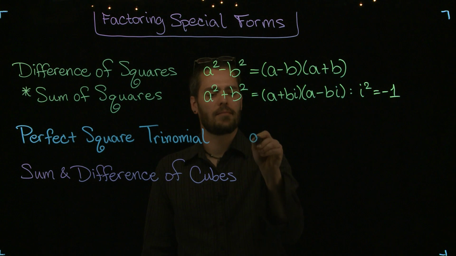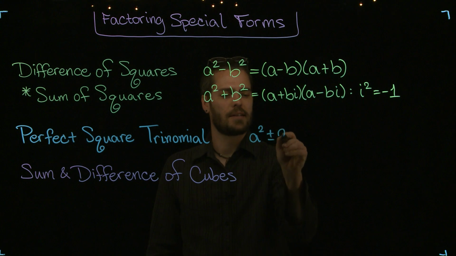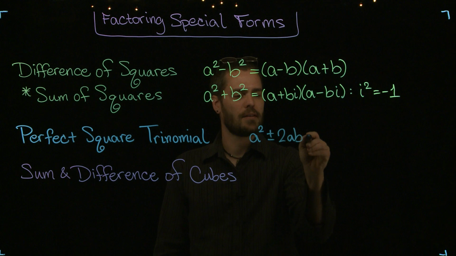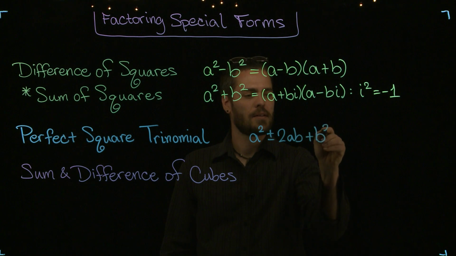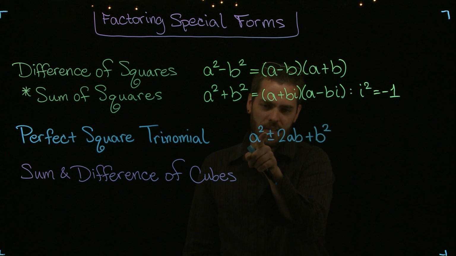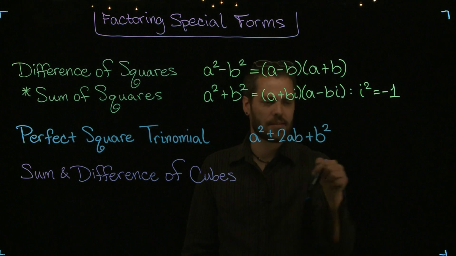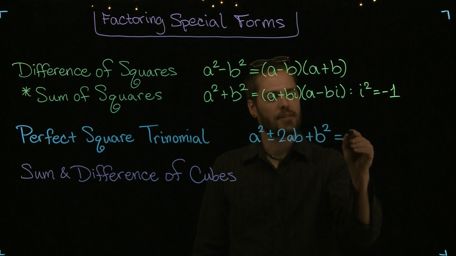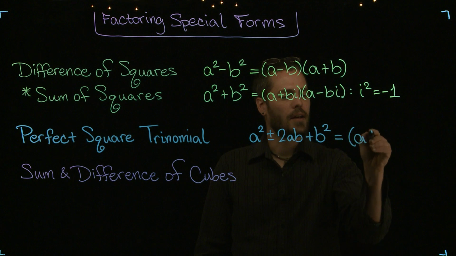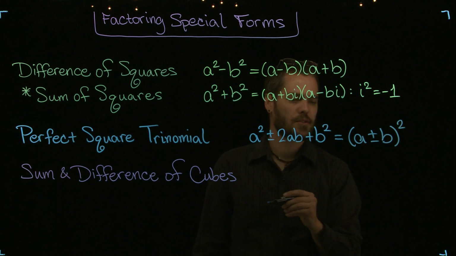That looks like a squared plus/minus 2ab plus b squared. And the plus means if we have a trinomial with a positive, we have the plus. If we have a trinomial with a negative number, then we have a minus. Okay? This always factors to a plus/minus b quantity squared.